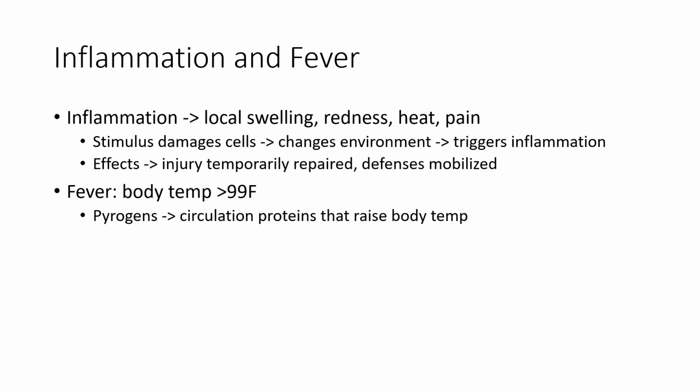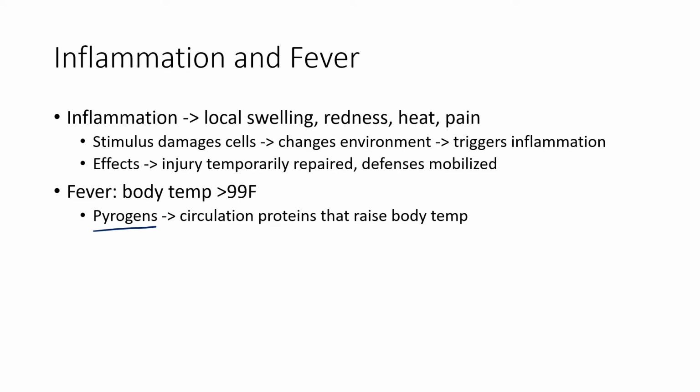Next, we have the fever. This is where your body temperature is greater than 99 degrees Fahrenheit. Some people run a little colder, so that's not always a reliable temperature to go with, but it's a pretty average temperature that means you have a fever. What happens when you have a fever is something called pyrogens, which are circulating proteins that are going to raise your body temp.